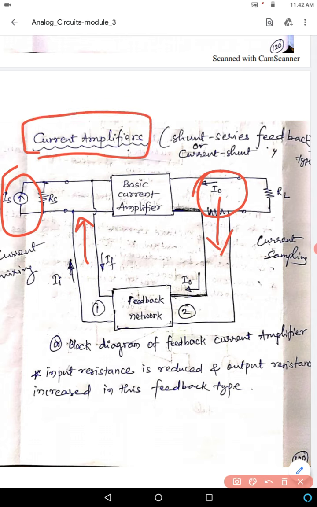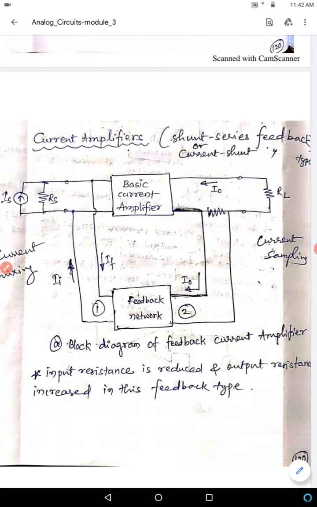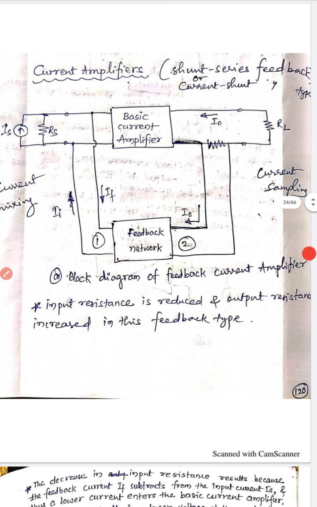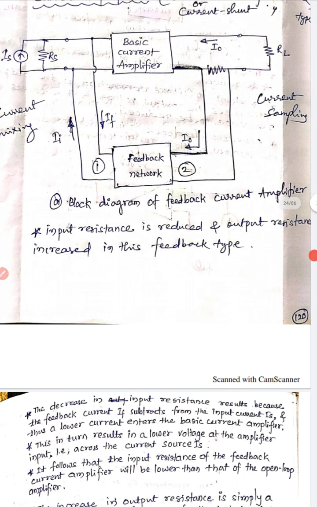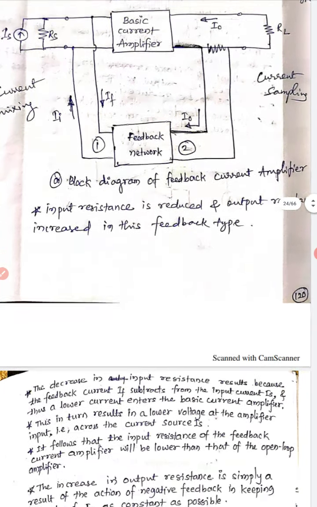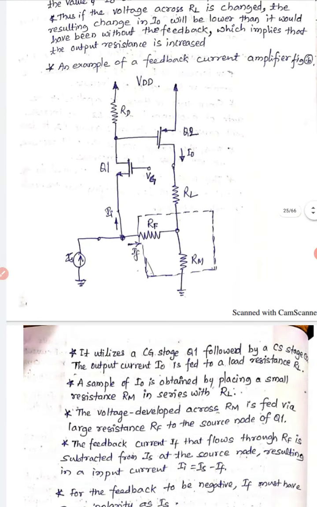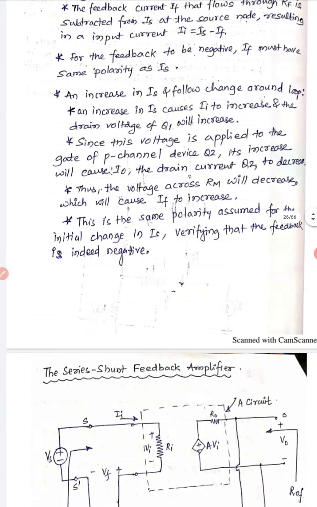In the voltage amplifier both the input and output are voltages, in the current amplifier both the input and output are currents. Remaining working will be the same, the feedback will be taken and fed back to the input by using the feedback network, all those things. Okay, and here also they have explained with the help of JFET.